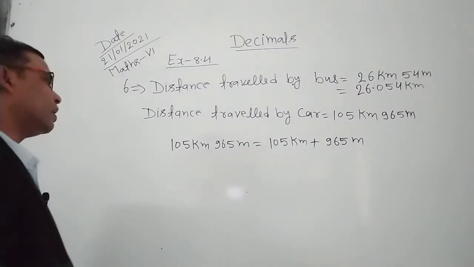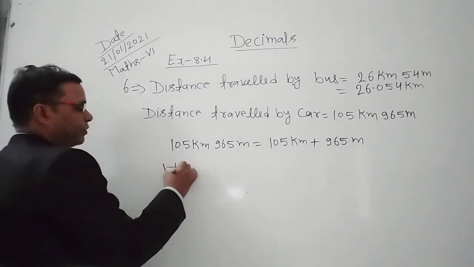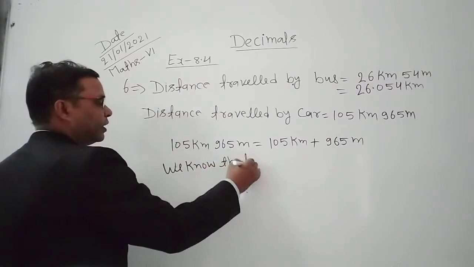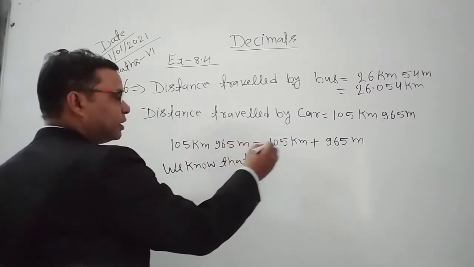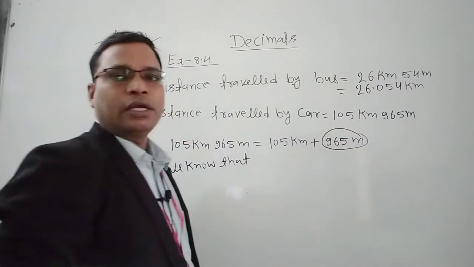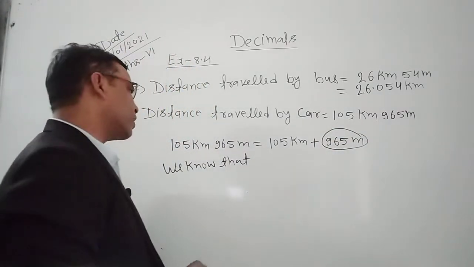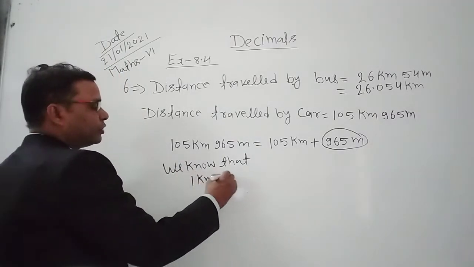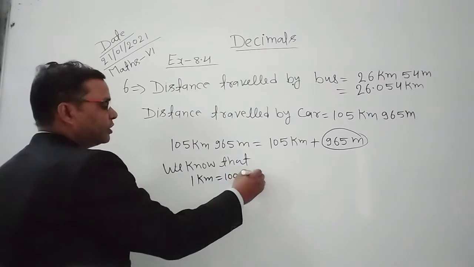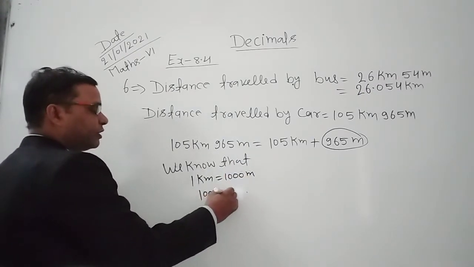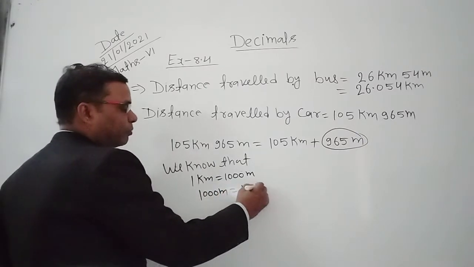Now here we convert this portion because this is in meter, we convert it into kilometer. Okay, so we know that 1 kilometer is equal to 1000 meter. This is clear? Or you can write 1000 meter is 1 kilometer.